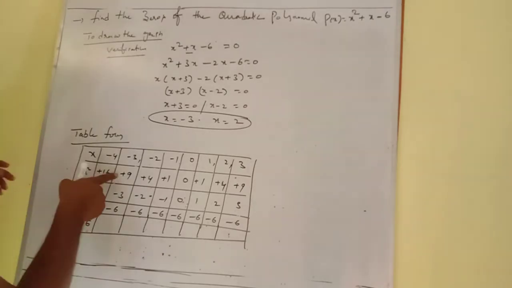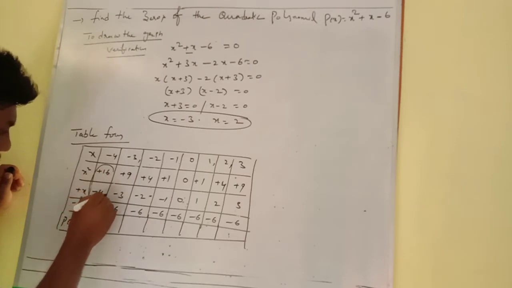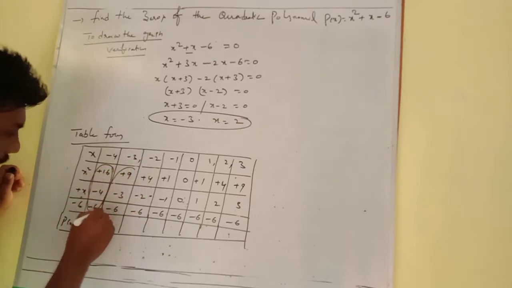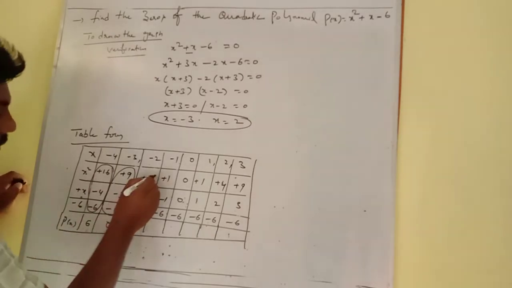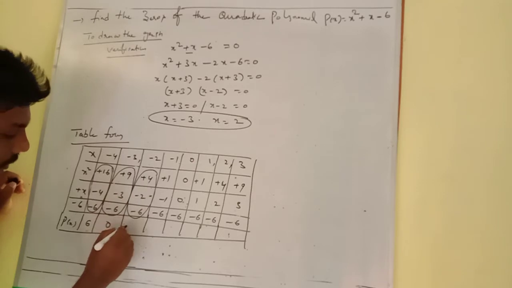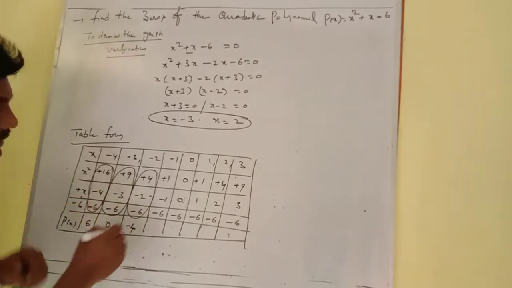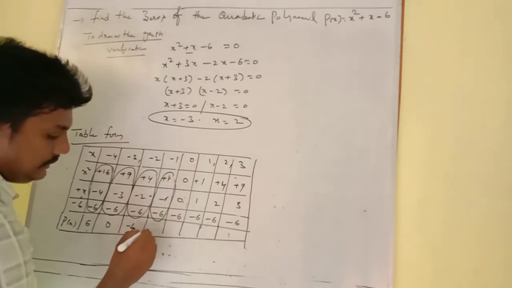Here plus 9, plus 9 minus 3 minus 6 is 0. This is plus 4 minus 2 minus 6, that is minus 4. This is plus 1 minus 1 get cancelled. So the remaining thing is minus 6.